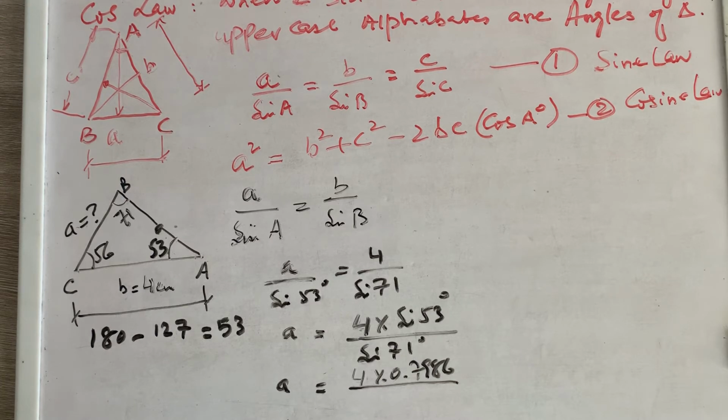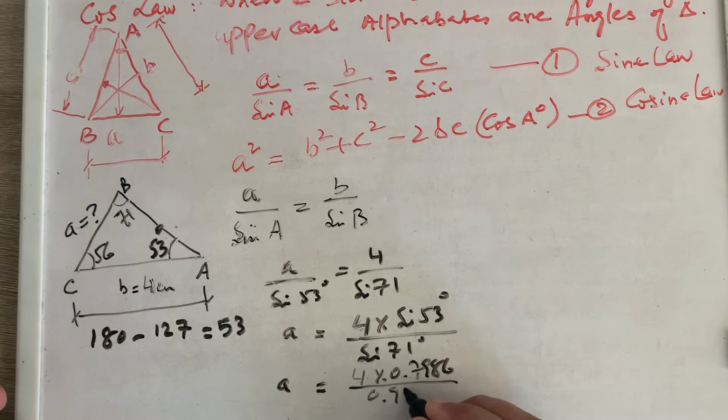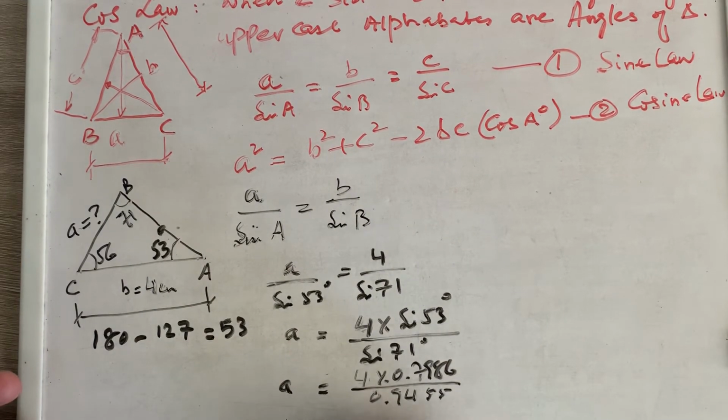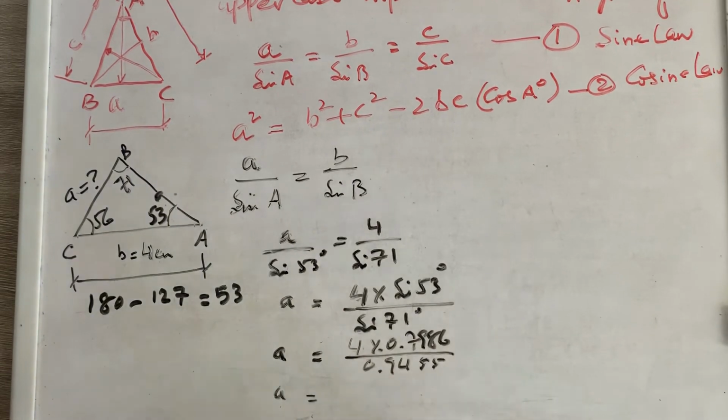What is sine 71 for you? Sine 71 is equal to 0.9455, and then I have to simplify all this to get the value of a.